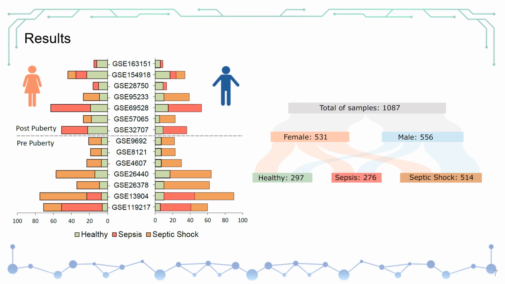Pre-puberty represents the neonates and children, and post-puberty represents the adults and elderly people samples. So we have here the number of samples of each study. We also have a Sankey plot showing the total number of samples, which are divided into female and male, and for each class that we analyzed, the number of samples.